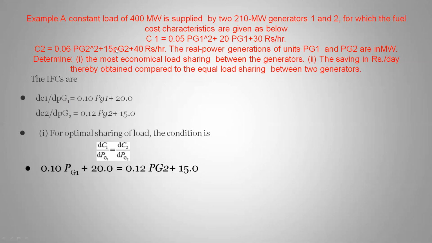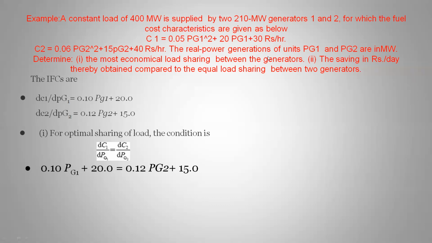Okay, so the real power generations of units Pg1 and Pg2 are in megawatt. Determine the most economical load sharing. Two cost characteristics C1 and C2 are given.